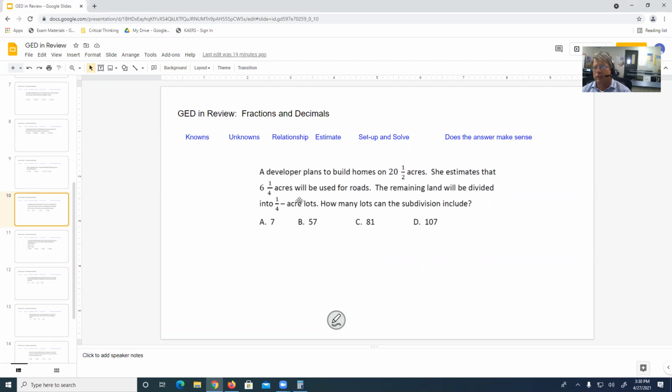She estimates that 6.25 acres will be used for roads. The remaining land will be divided into 1/4 acre lots. How many lots can the subdivision include? So a lot of information here.